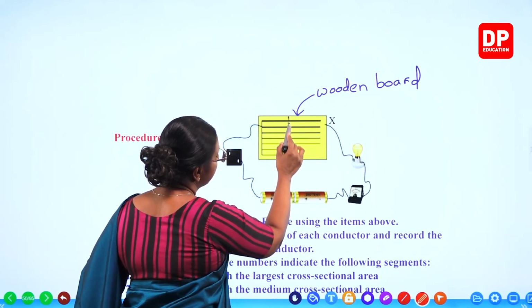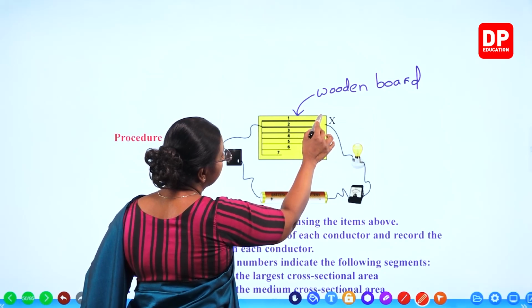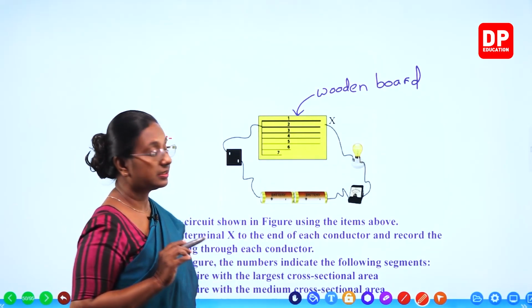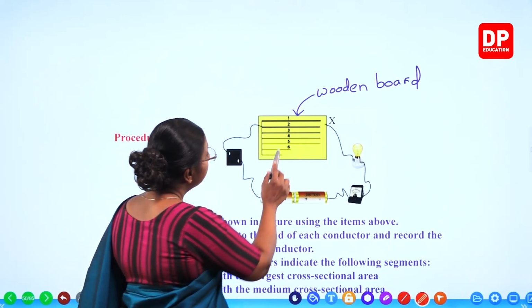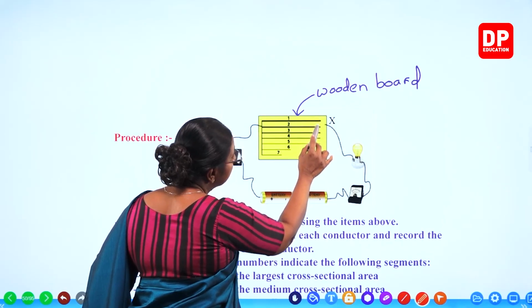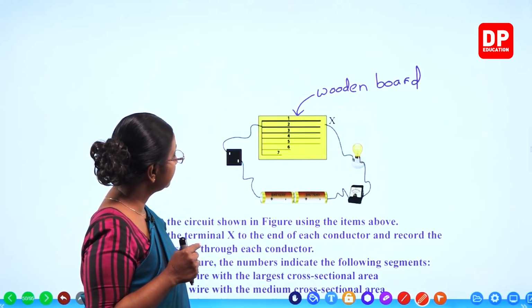Now here you can see they are numbered 1 to 7, and from 1 to 5 the length of the conductors is the same. But from the diagram you can see for 1, 2, 3 the area of the cross section is different.